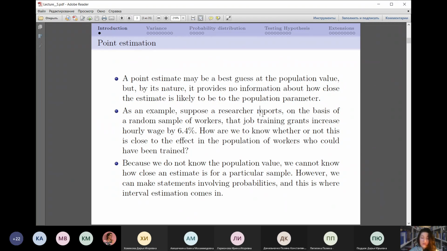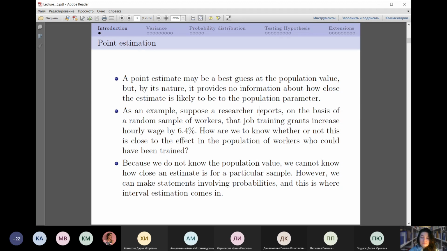And if the slope is 0, then our dependent variable doesn't tend to change if our independent variable changes, and vice versa. So the problem is that we don't know the population value. And because of this, we cannot know how close our estimate is for some particular sample.